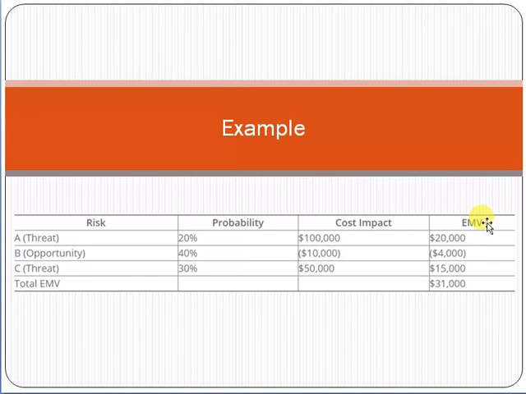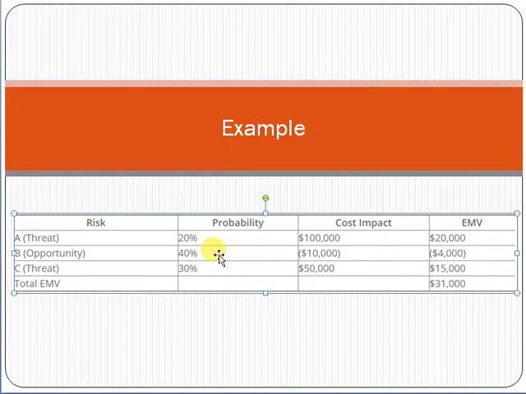How do we calculate the EMV? EMV stands for expected monetary value. Risk A has a probability of 20% and a cost impact of $100,000, so probability multiplied by cost impact becomes $20,000.